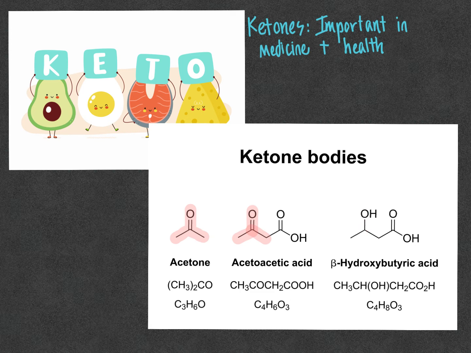And this is one of the reactions that we will discuss as we go through this chapter, is the reduction of carbonyl groups from ketones and aldehydes to give alcohols as their products. And those types of reactions tie directly into how ketone bodies accumulate within the body. And it also ties in directly to how the body eliminates ketone bodies through urine.